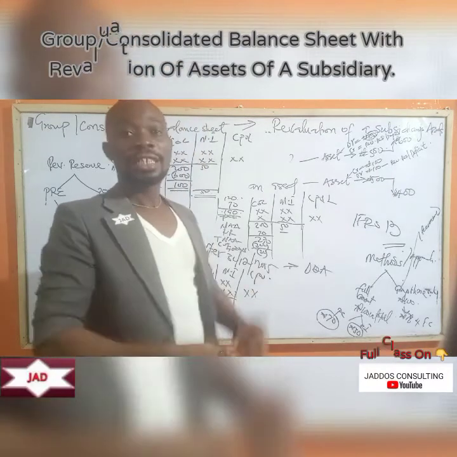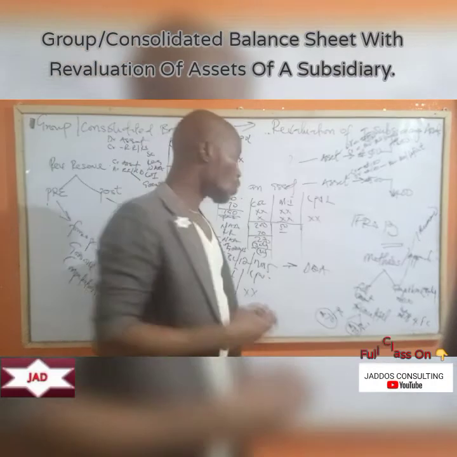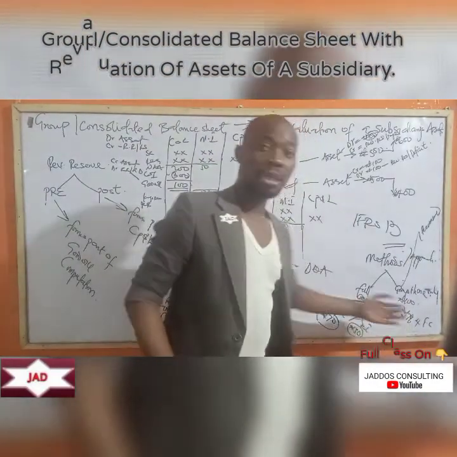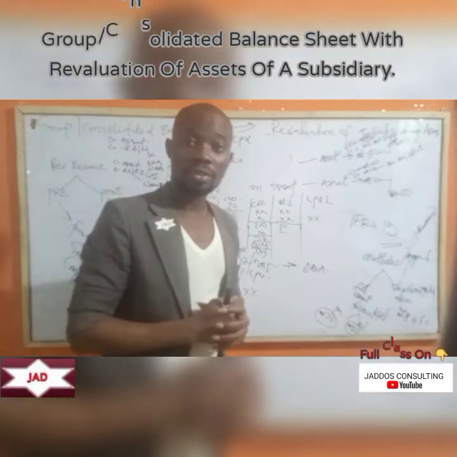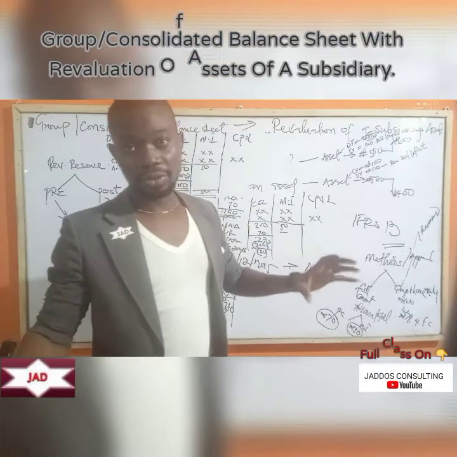Okay, that's what is expected. But where it has not been adjusted for, then you have to go ahead and adjust for it. And then you also have to know which approach you are using. Is it the full amount approach or the group share only? Full amount means that you're going to take into consideration the total amount of revaluation reserve, and then share between the holding company and the minority interest.